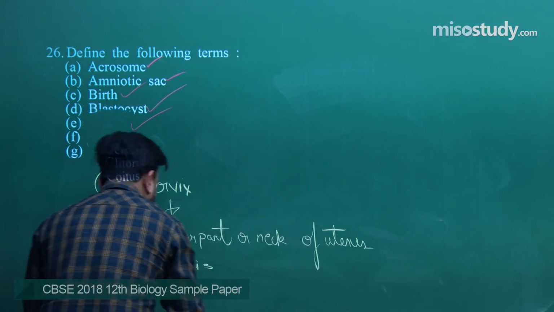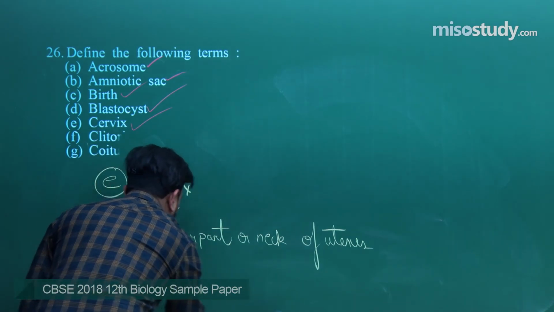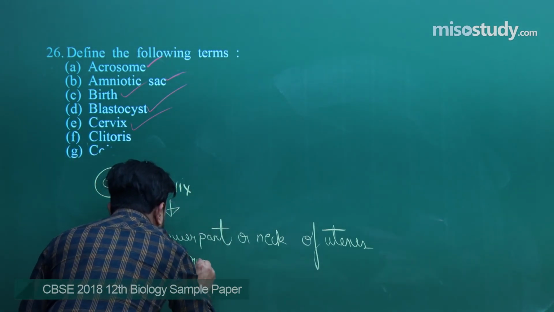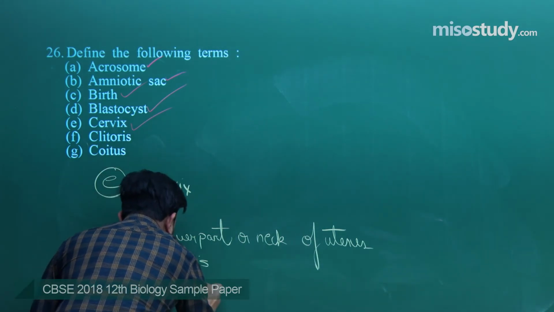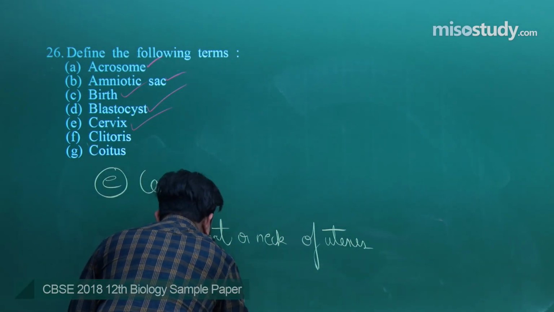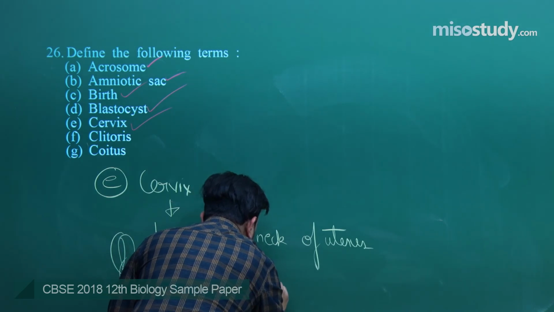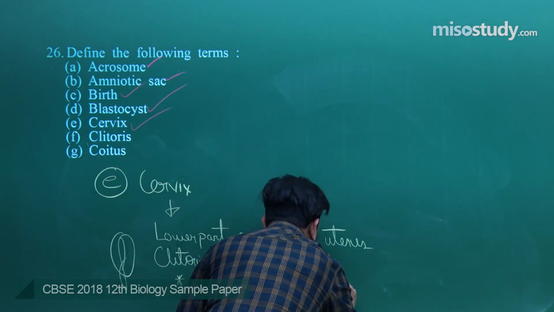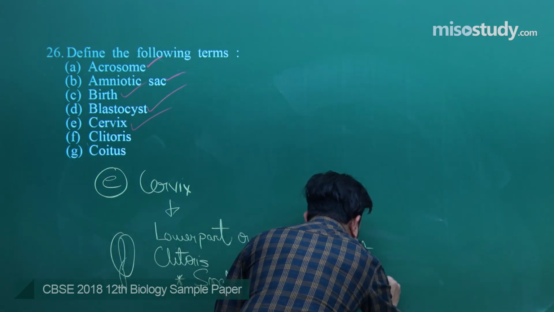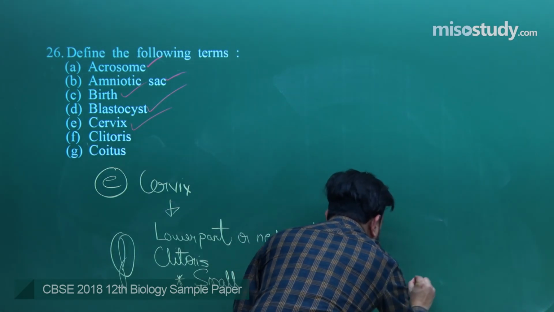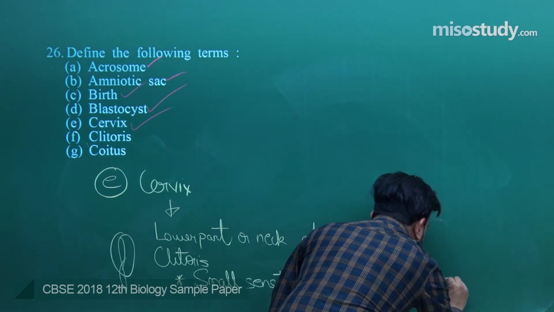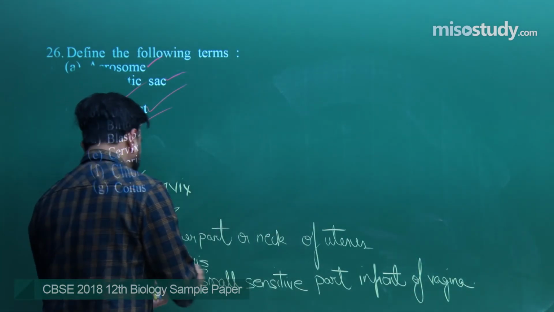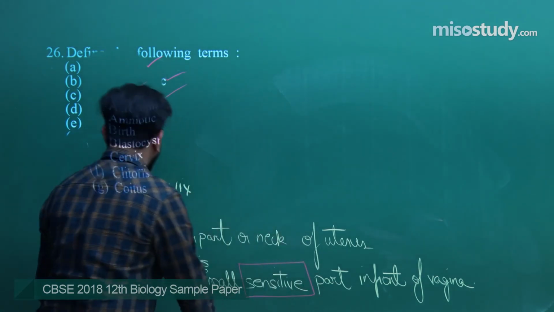The clitoris is a small sensitive part in front of the vagina. Okay, this is a small sensitive part in front of the vagina.